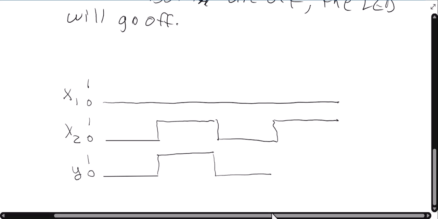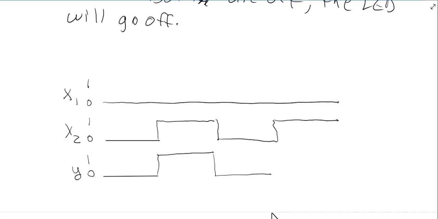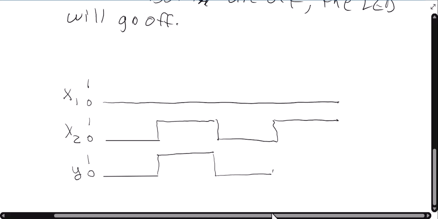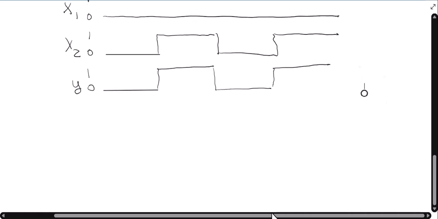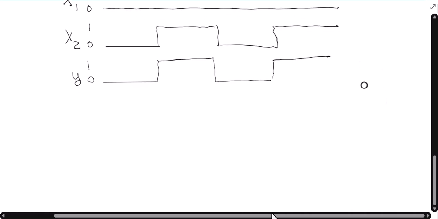And if x2 is 1 and x1 is 0, it's 1. So that would be my timing diagram in this instance for an OR chip. It's not going to be what you'll have for an AND chip. Y'all talked about ORs and ANDs? Yeah. Okay.